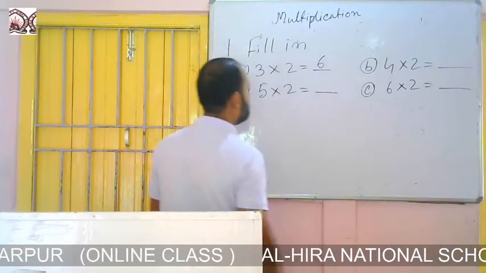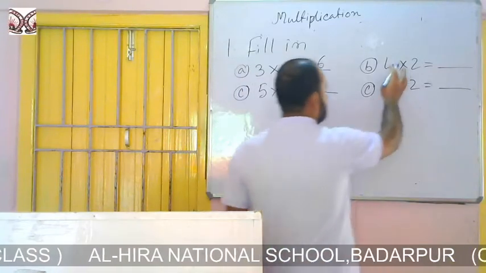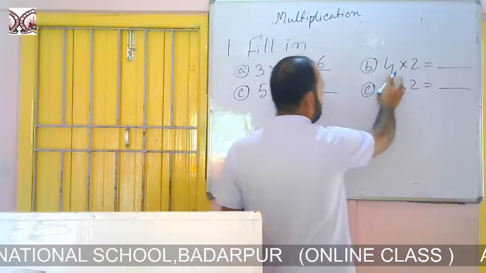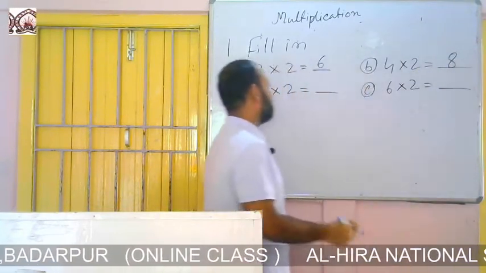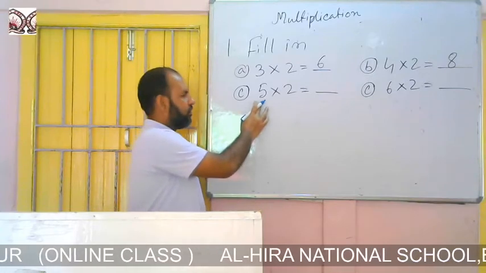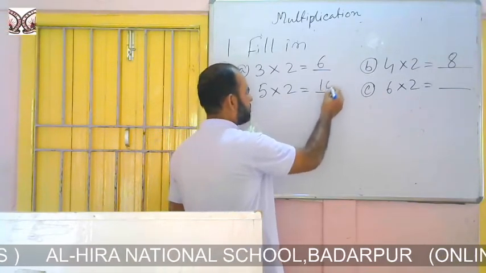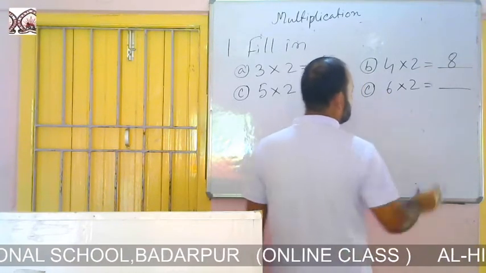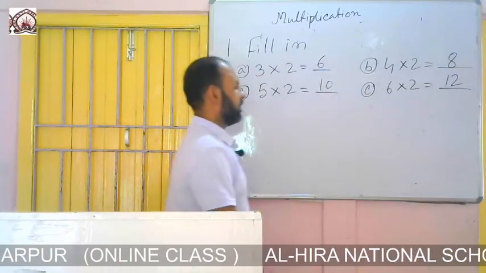If we count table number 4, 4 1s are 4, 4 2s are 8. 5 1s are 5, 5 2s are 10. 6 1s are 6, 6 2s are 12.